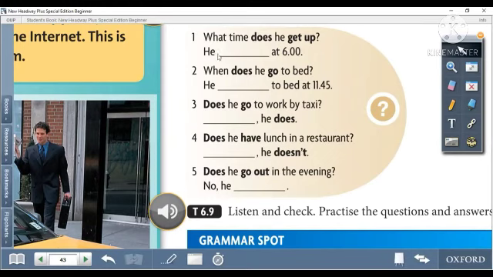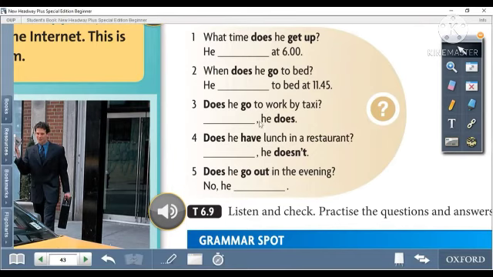Okay. So when I ask a question with does, in the answer the verb takes the s that was in does, in the positive sentence. We say he gets up at 6 o'clock. When does he go to bed? He goes to bed at 11:45. Here I asked with does, so the s goes onto the verb with the singular subject. Does he go to work by taxi?